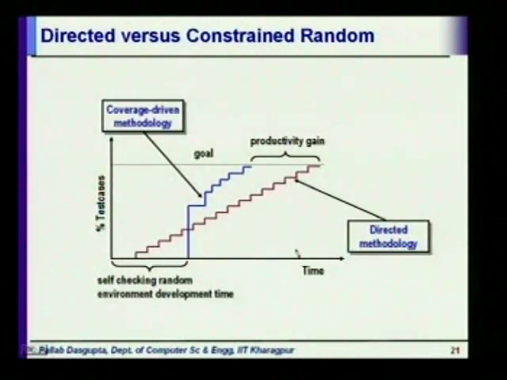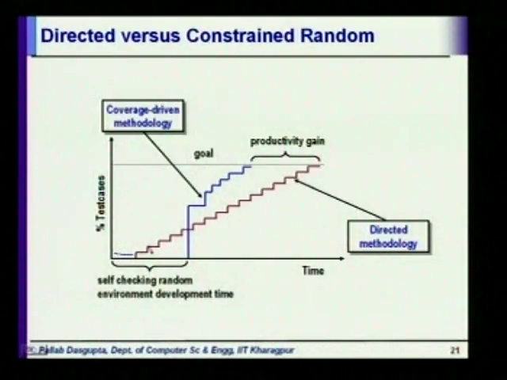Now, this picture shows the gain in productivity from this new approach. In the previous traditional approach, shown by this red colored line, you start by developing the test plan. That's what is happening here. The test plan is developed here, and then you start coding the directed test benches for each of those tests.